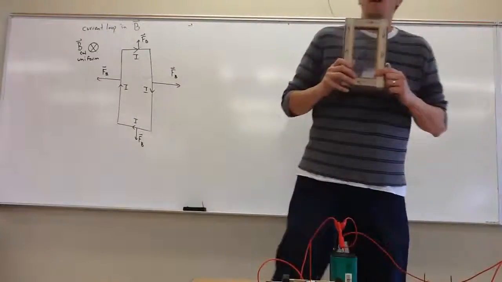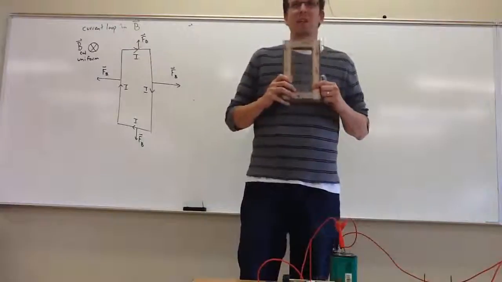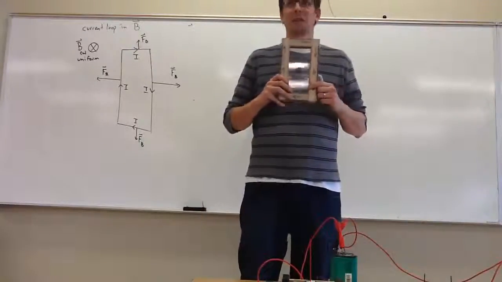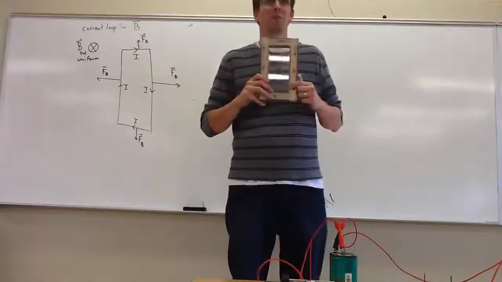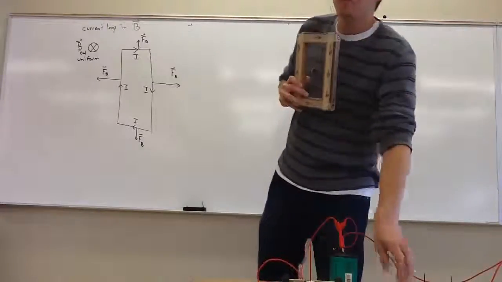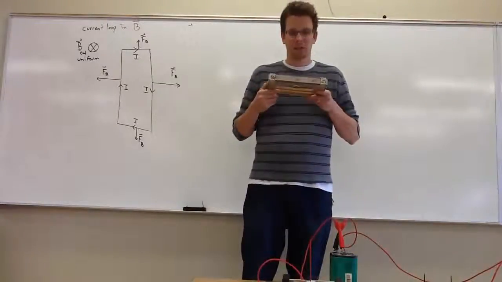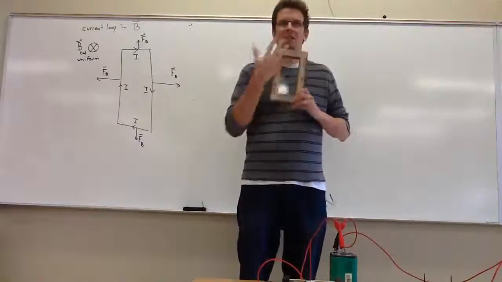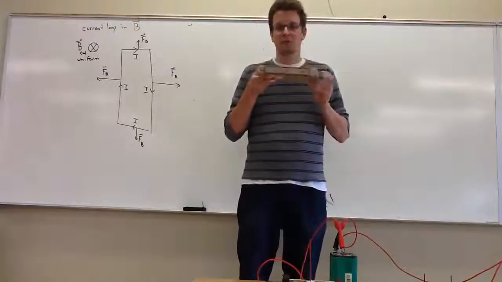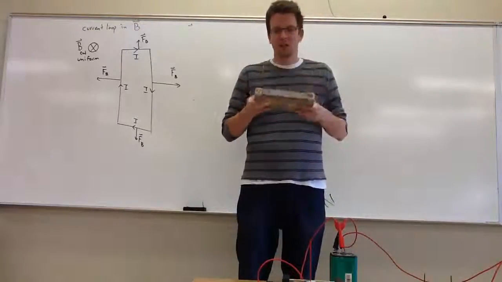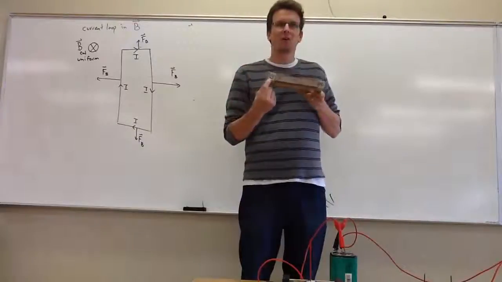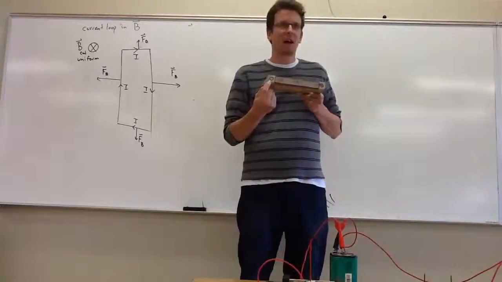In order to draw this on the page without having the most interesting stuff be out of the plane of the page, I'm going to have to draw the loop from the side view like this. So instead of seeing it face on going around, I'm drawing it from the side view. There's a circle with the dot there, which indicates out of the page, of course.